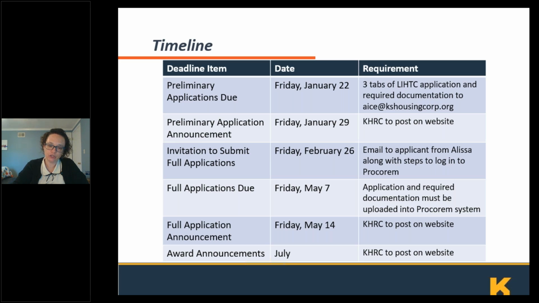The full application must be submitted through the ProQuorum system along with the full LIHTC application, the Excel workbook. Full applications are due on Friday, February 7th into that system. Within the week, we will again post all of the applicants that we received, much like the list that we posted last year. We anticipate announcing our awards in the month of July.